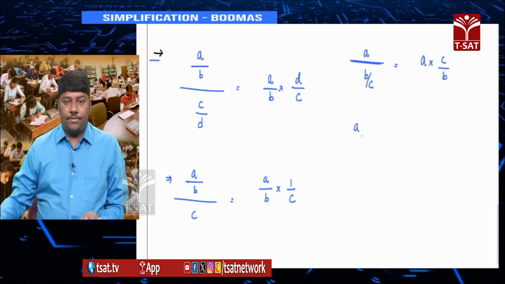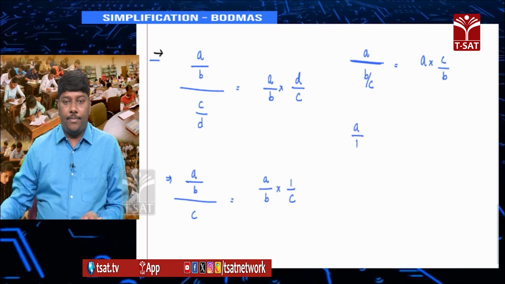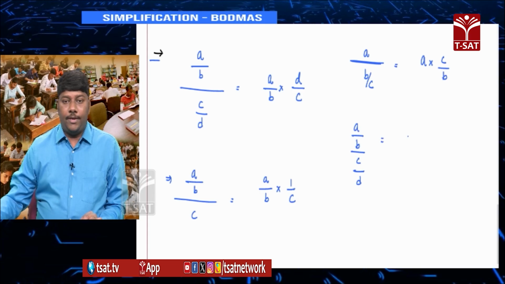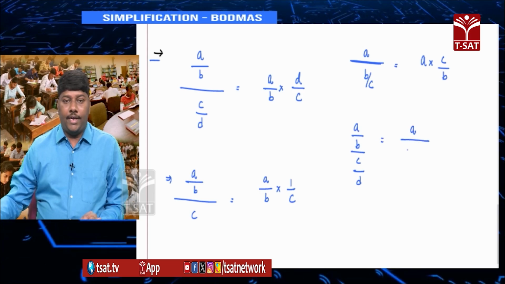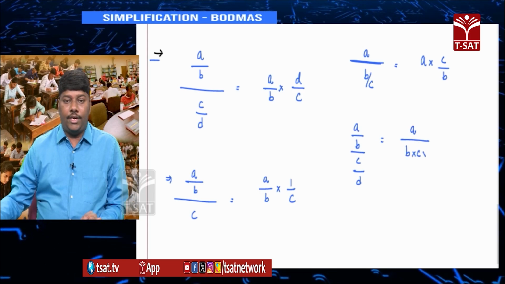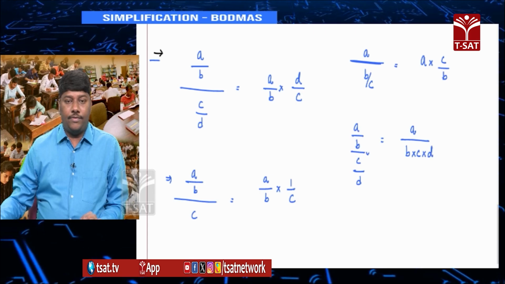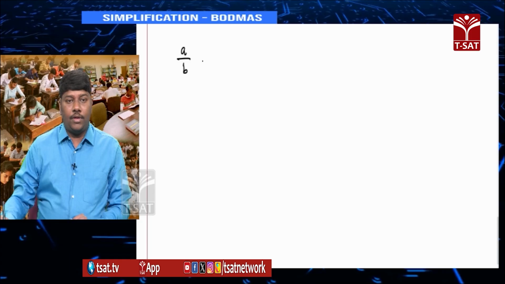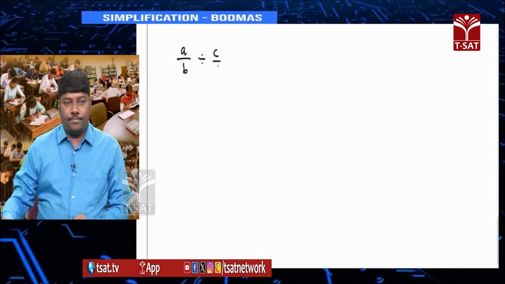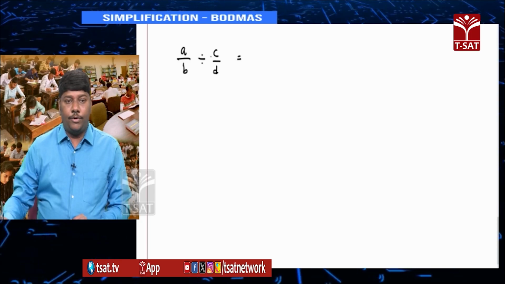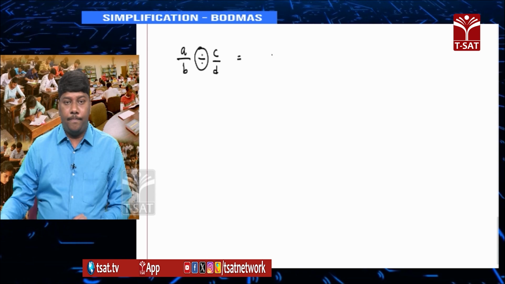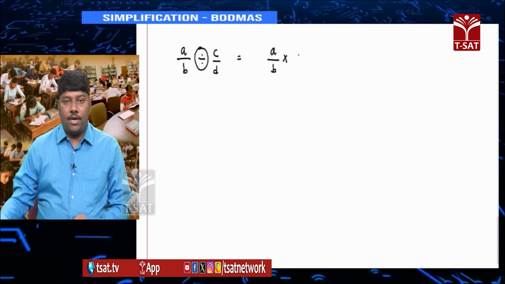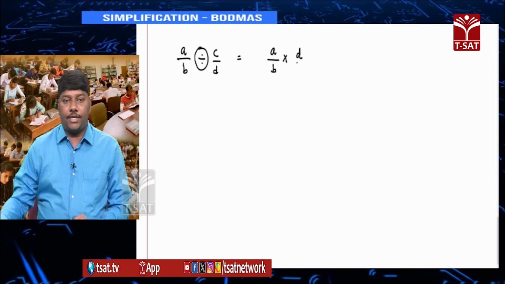With equal length of this division, you have A divided by B divided by C divided by D. So you simply take A divided by B into C into D. When you have equal length of these division symbols, they may give you A by B divided by C by D. All you have to do, in order to take out this division symbol and put multiplication, is just reciprocate the fraction.